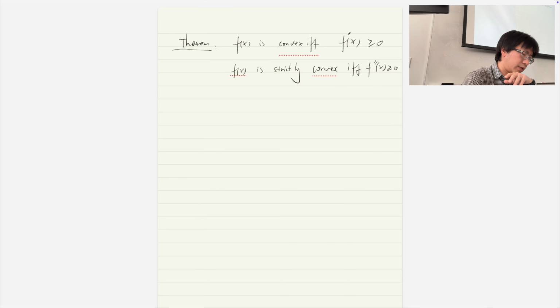This is bigger than or equal to 0, and the equality only occurs at isolated points.